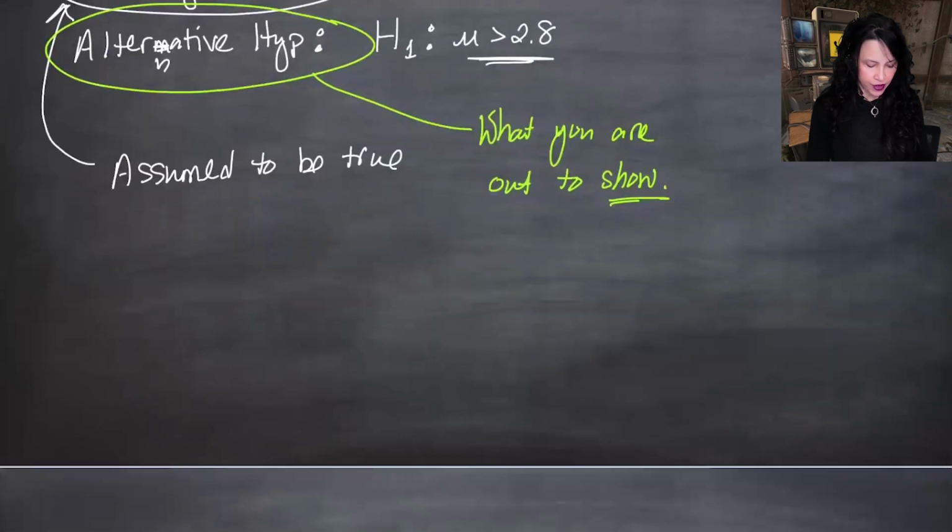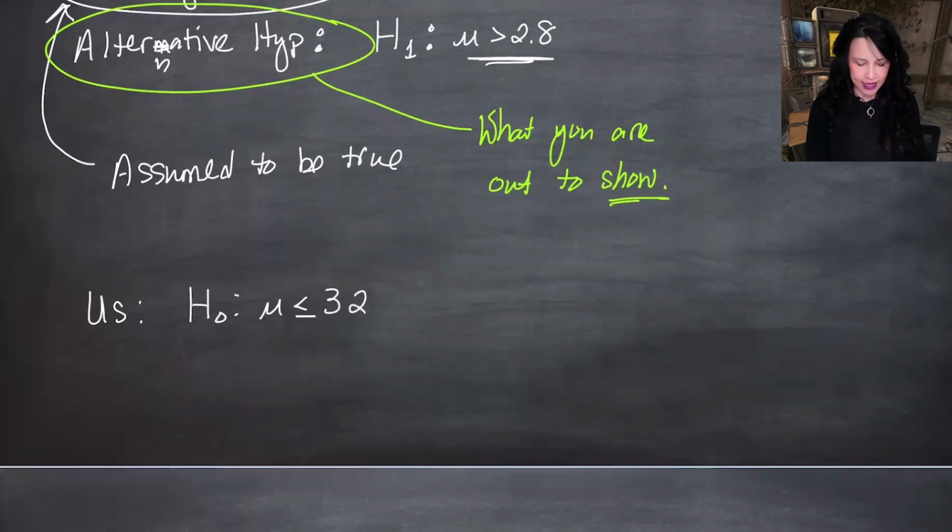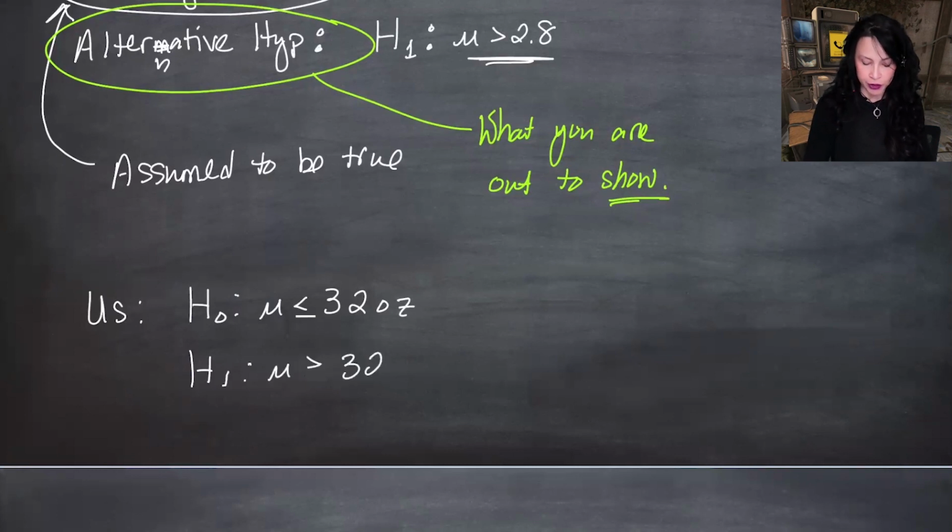So us, in this cereal example, and I'm sorry, I don't have the setup written down, so this might not make a lot of sense, but we are going to assume that the actual average in our cereal box is less than or equal to 32 ounces, and we're going to be out to prove to those people that the actual average is greater than 32 ounces.